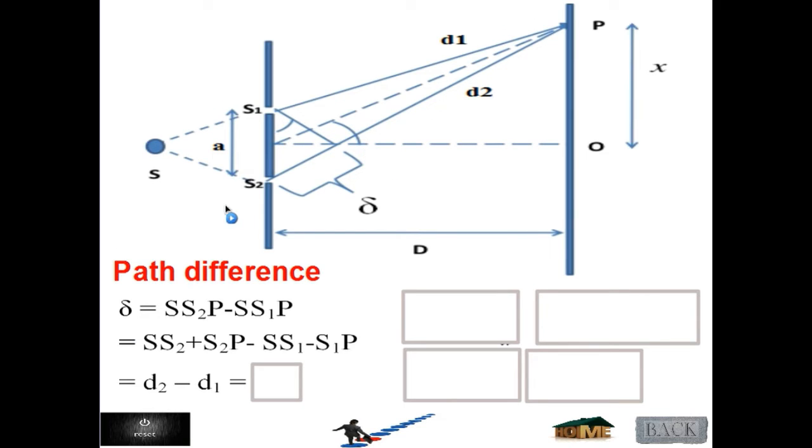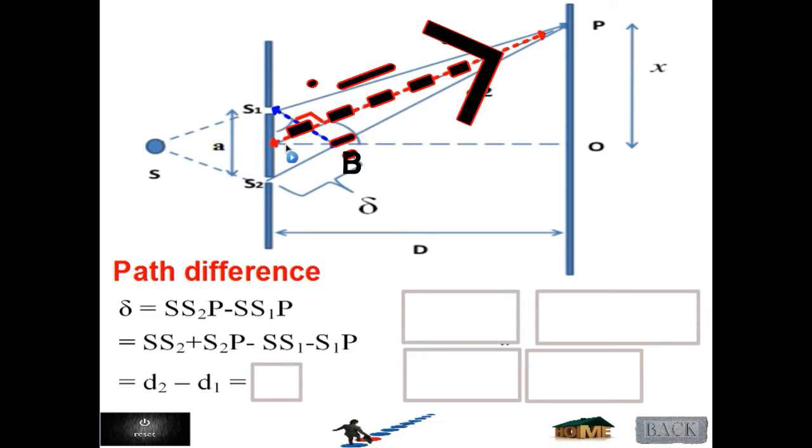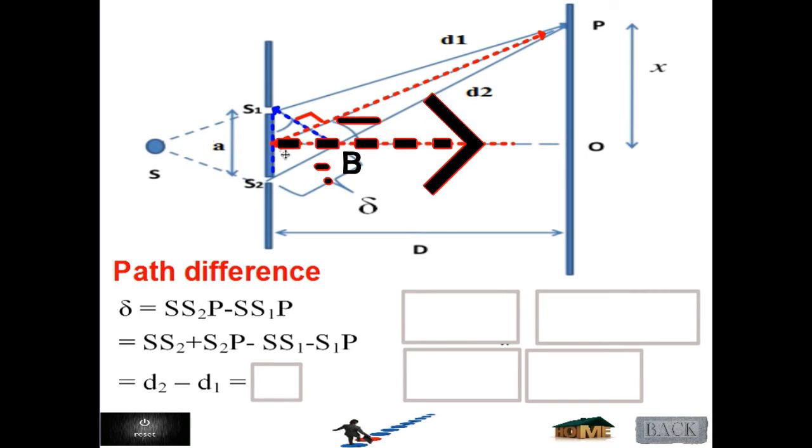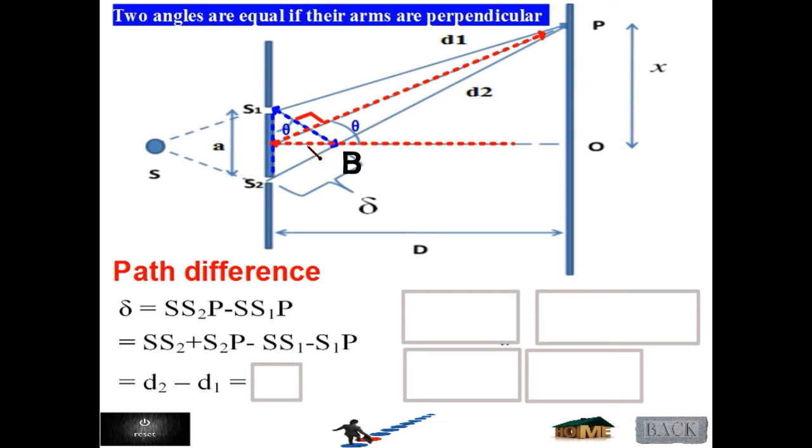I will derive it step by step. First, we can see that S1B is perpendicular to this line, and this line is perpendicular to S1S2. We can see that this angle equals the red angle, since two angles are equal if their arms are perpendicular.